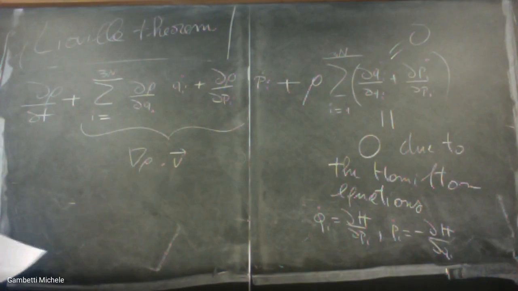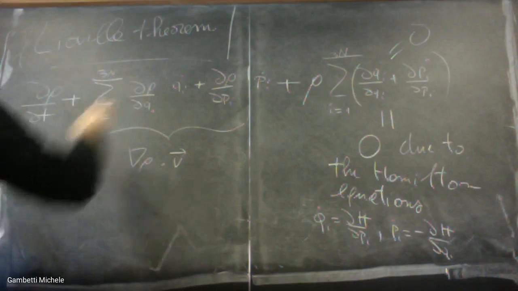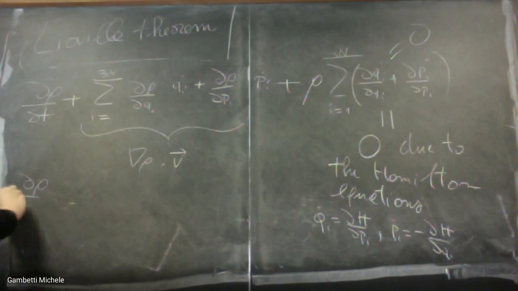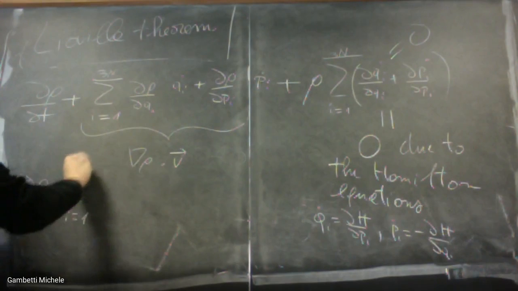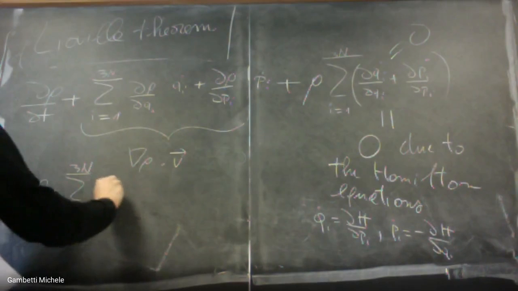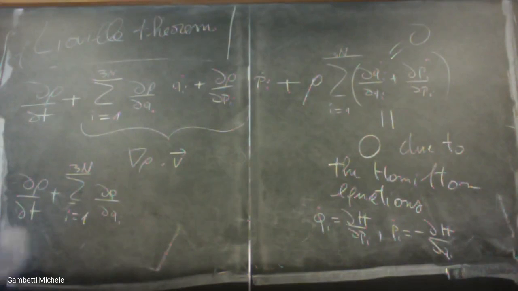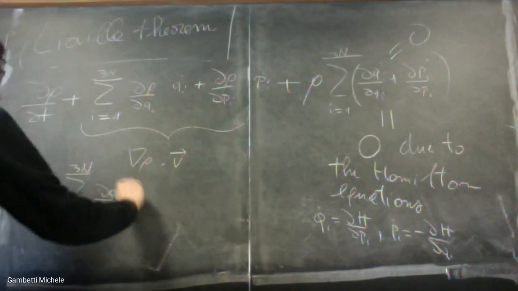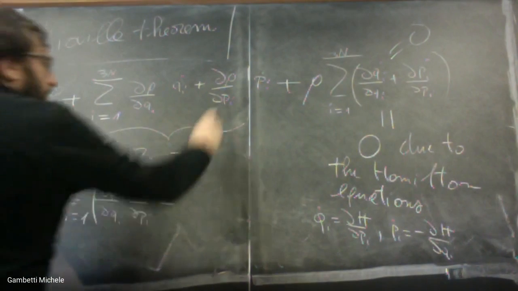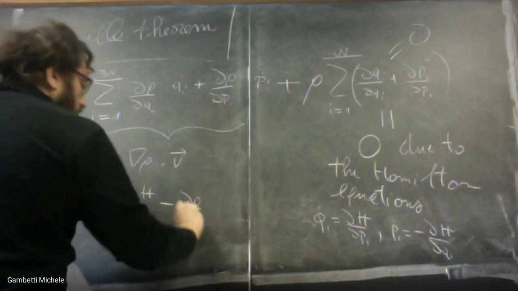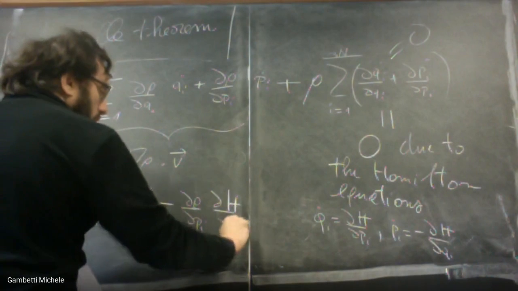So now this is equal to 0, and I'm left with a quantity which is the partial derivative of rho with respect to t plus the sum from 1 to 3n of the derivative of rho with respect to q_i times q dot i, which is the derivative of H with respect to p_i, minus the derivative of rho with respect to p_i times the derivative of H with respect to q_i.